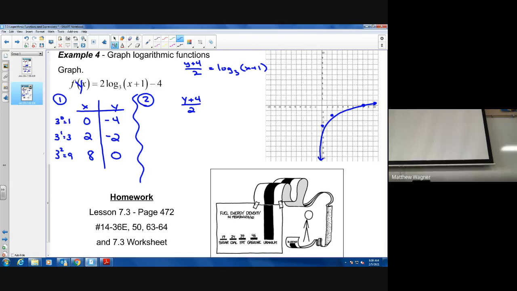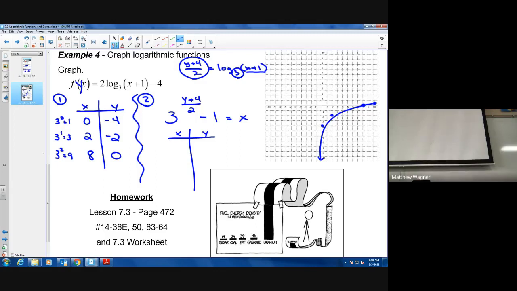Keep in mind base, power, answer. So I know that 3 to the y plus 4 over 2 equals x plus 1. And then I can bring 1 over, equals x. So the difference in this form is that now we're going to plug in y's to get our x's.